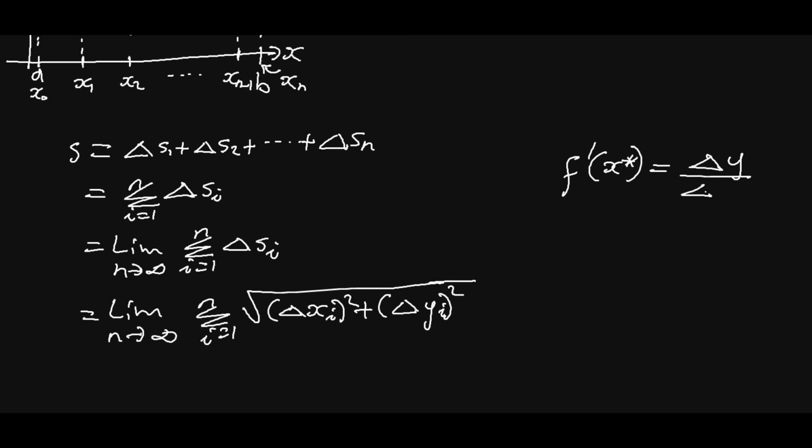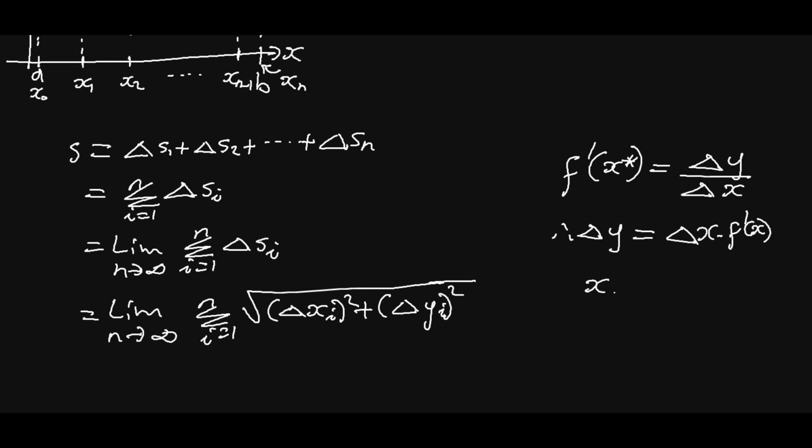This gives us a way to substitute for this delta y, because delta y will be equal to delta x times f prime of x. This is what the mean value theorem tells us.